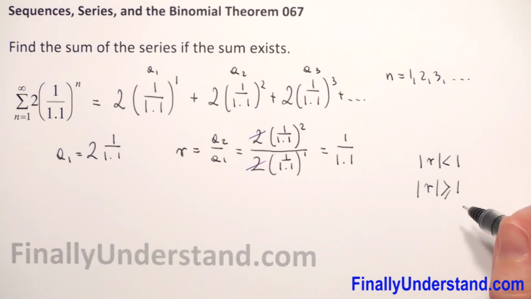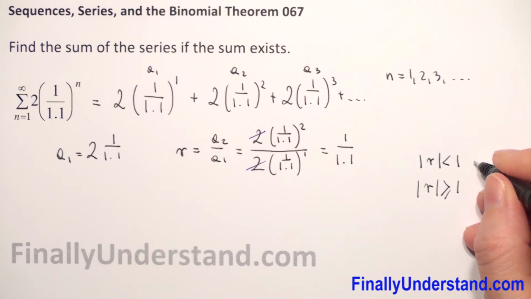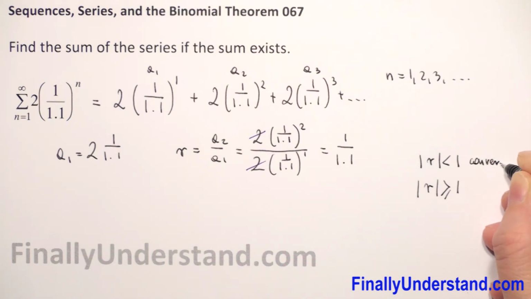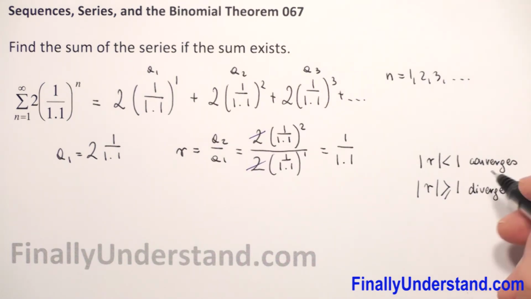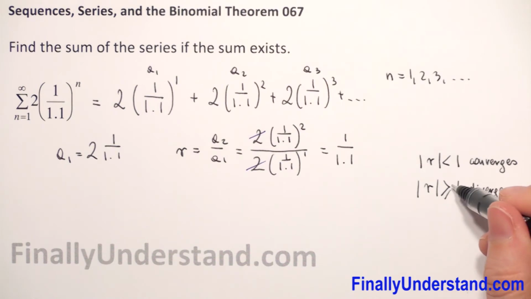The sum doesn't exist. So this is for a series that converges, and we can calculate the sum, and this is for a series that diverges. When the absolute value of r is greater than or equal to 1, we cannot calculate the sum. The sum does not exist.